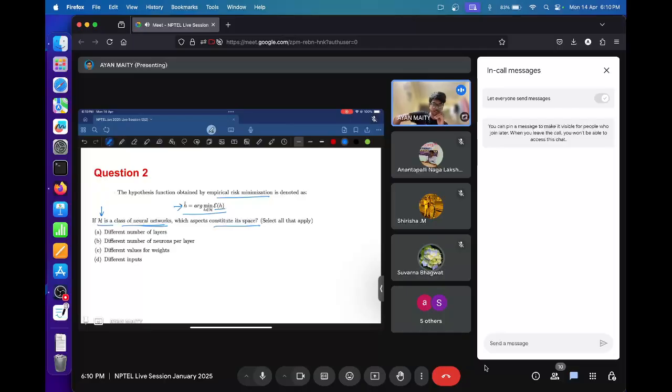What constitutes the class of neural networks for a given hypothesis?